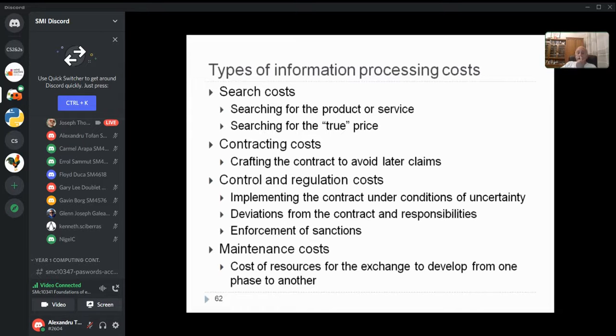The second type of cost is contracting costs. In certain transactions, the creation of an agreement to buy and sell a particular item can mean going into a legal contract, a legal agreement.